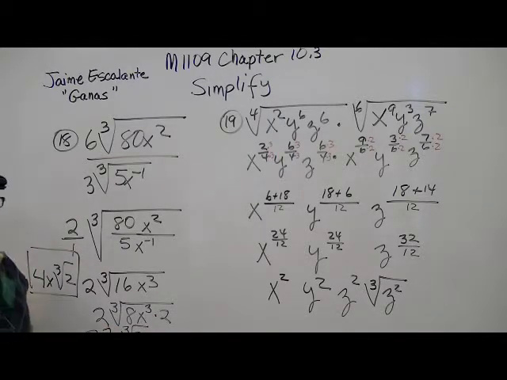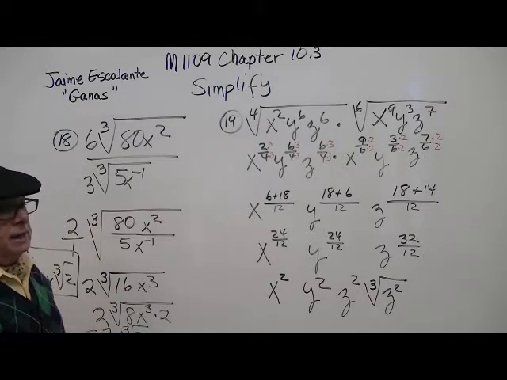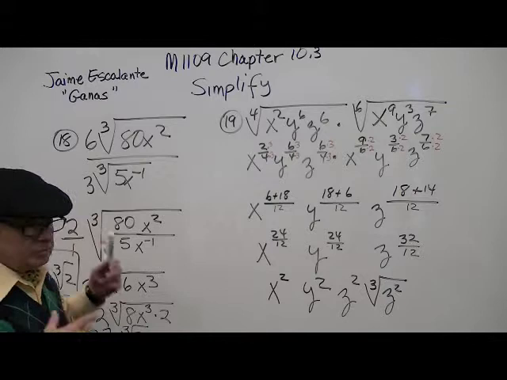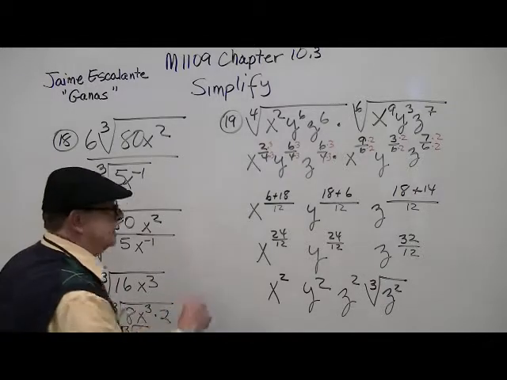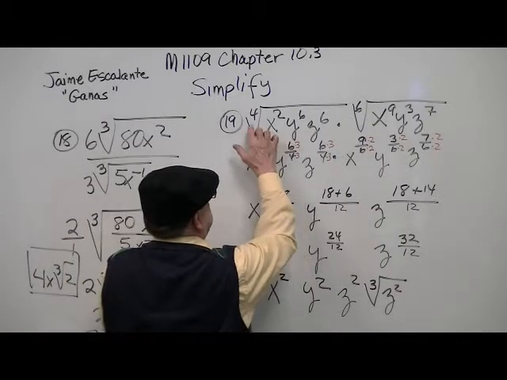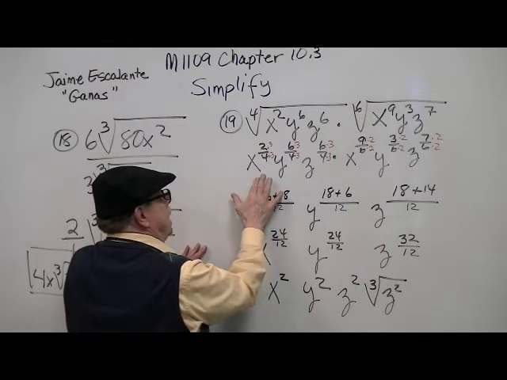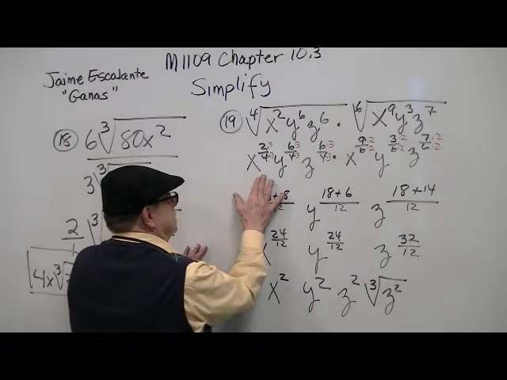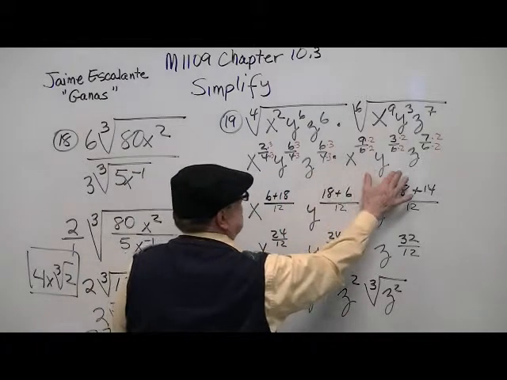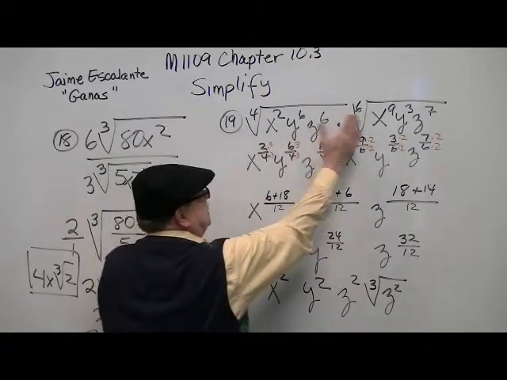Now, number 19 was tedious, and it took me a while to do it, and I didn't want to do it all live in a sense, so I've worked it out. I changed this from its radical form to its fractional exponent form. And then I wanted to combine like terms.